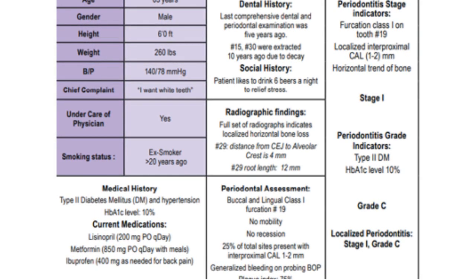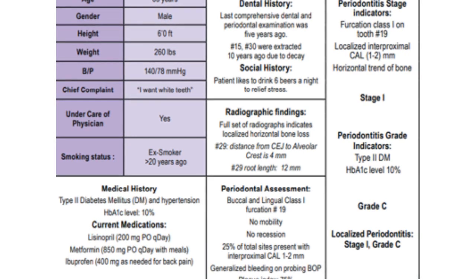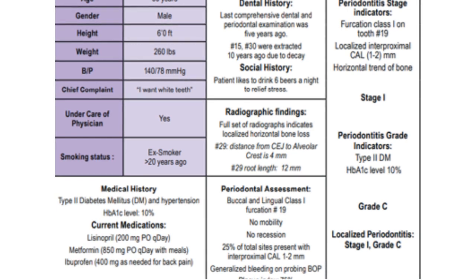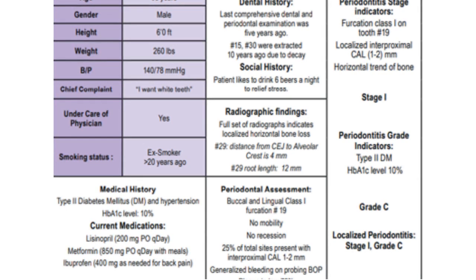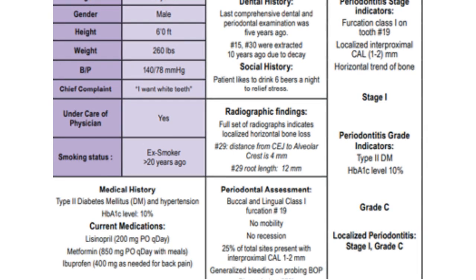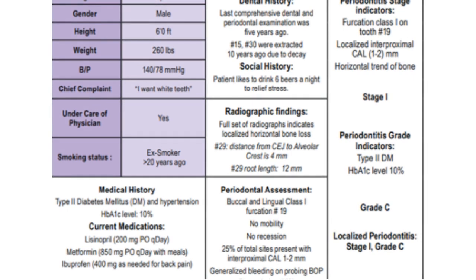Now, regarding the staging of periodontitis, they said that he has horizontal bone loss, so it can be either stage 1 or stage 2. But they said that the clinical attachment loss is 1 to 2 millimeters. In addition to the horizontal bone loss, immediately you will say that this is stage 1 periodontitis, and since the HbA1c level is more than 7%, it is stage 1 grade C periodontitis.